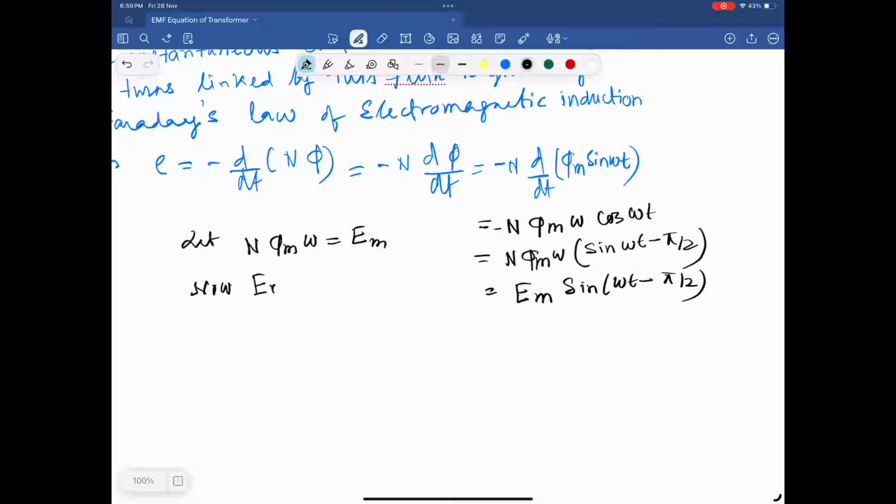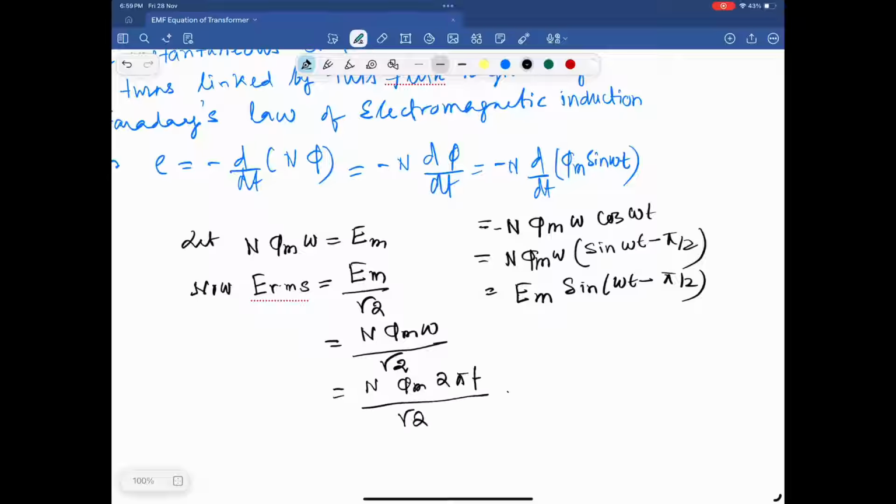The RMS value of Em is equal to Em by root 2. Now Em is equal to N phi m omega, where omega is equal to twice pi f. So now it is N phi m twice pi f by root 2.